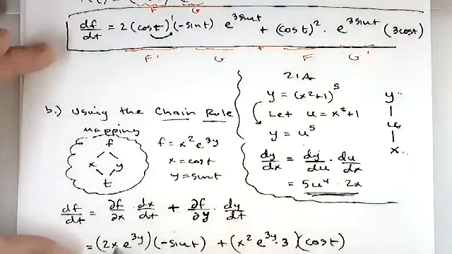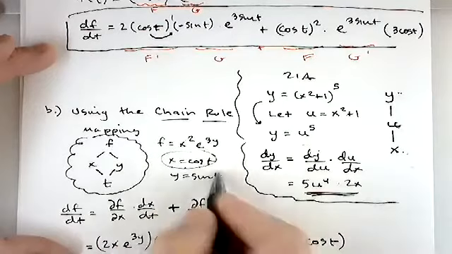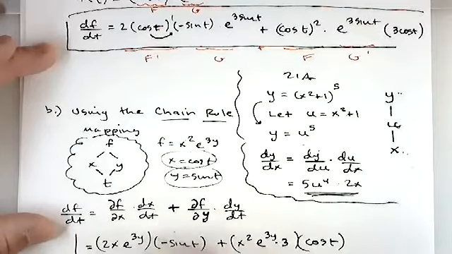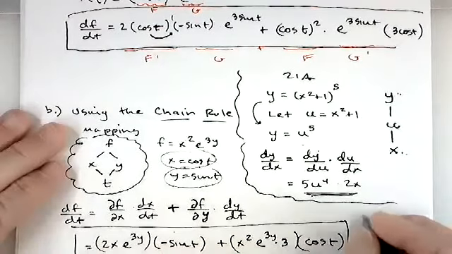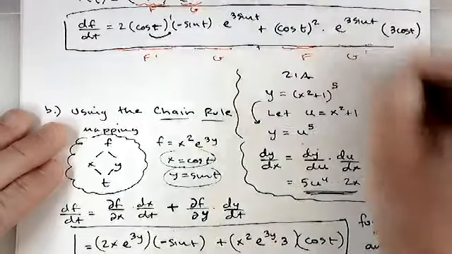Now, if I wanted it to be strictly in terms of t, what I would do next is substitute x equals cosine t, y equals sine t, right? But oftentimes it's okay to just leave it like this in this section, because we have basically the form of the answer, which is up here.